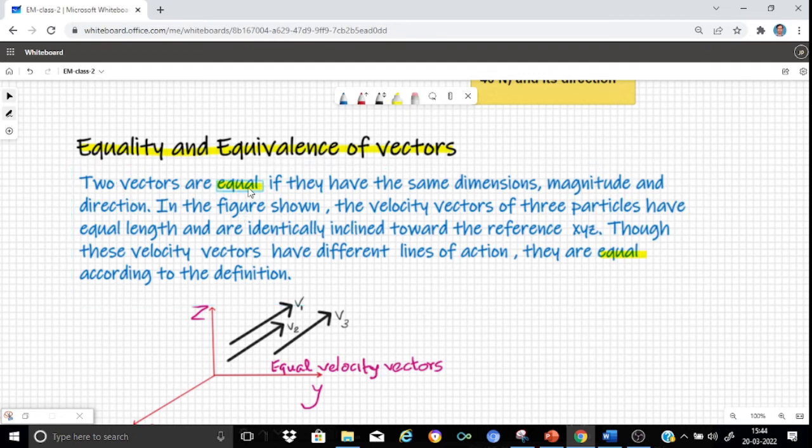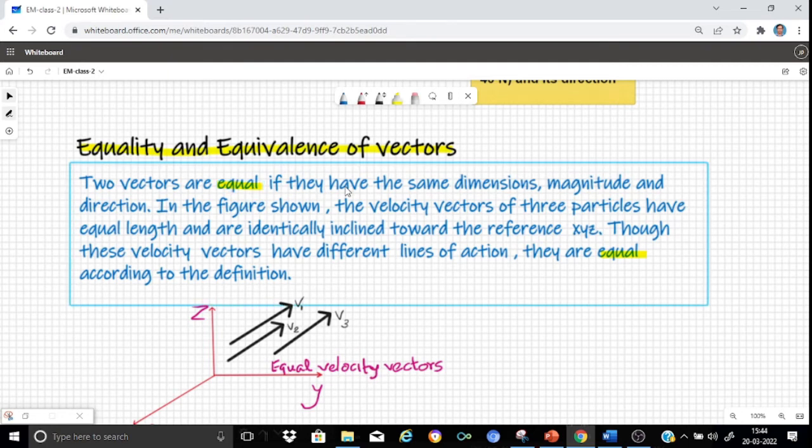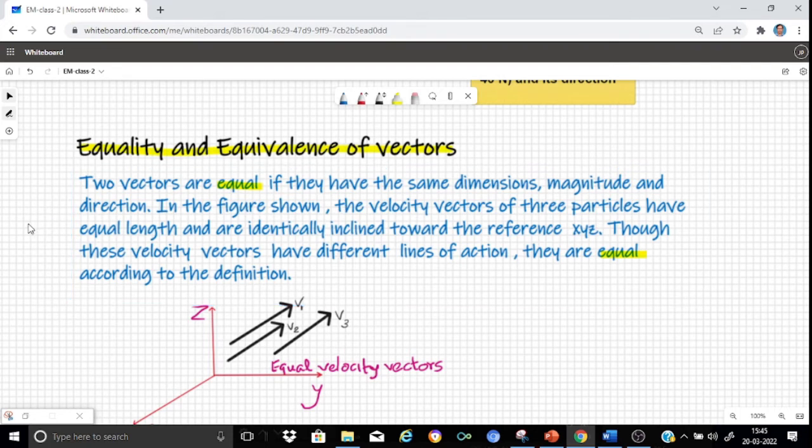Two vectors are equal if they have the same dimensions, magnitude, and direction. So they need to have the same dimensions. Remember, magnitude and direction.